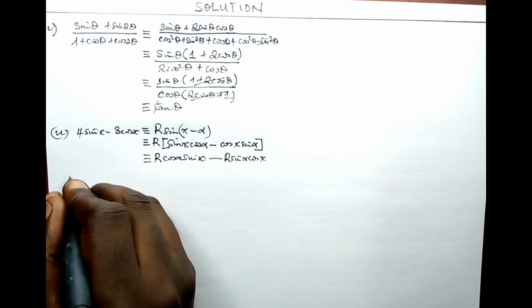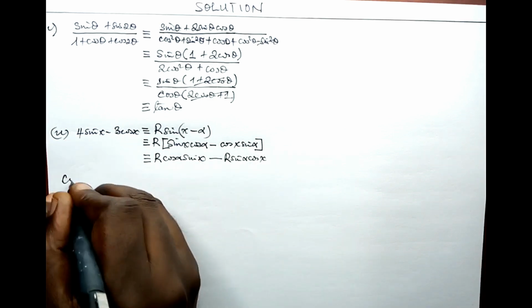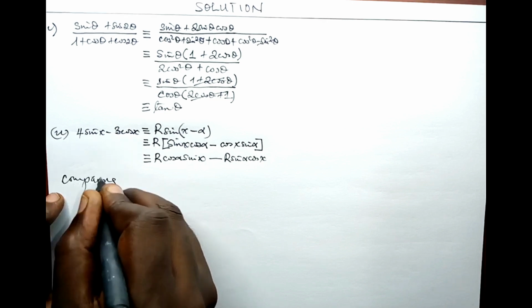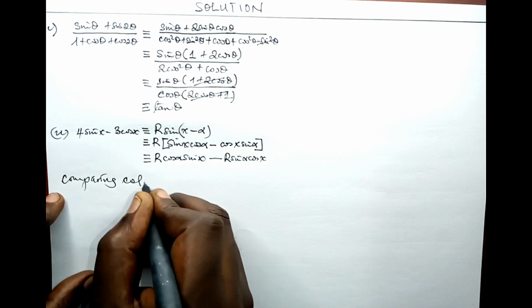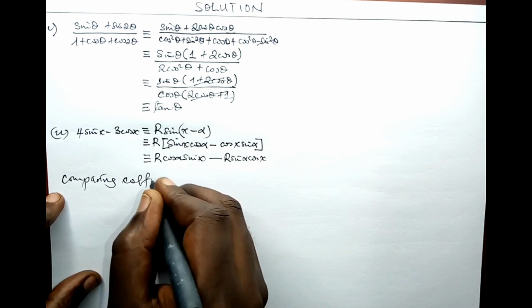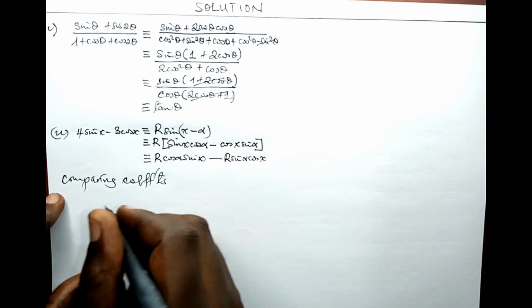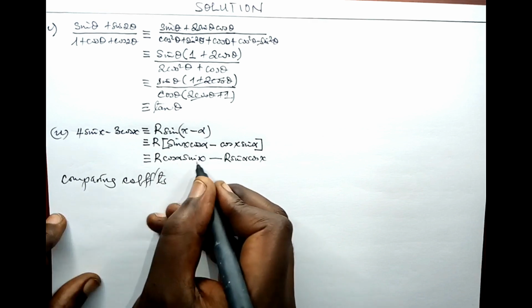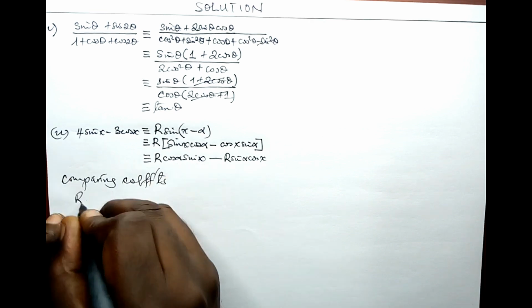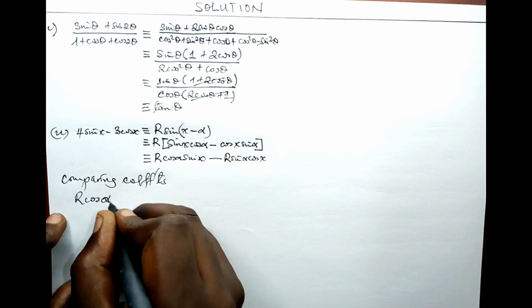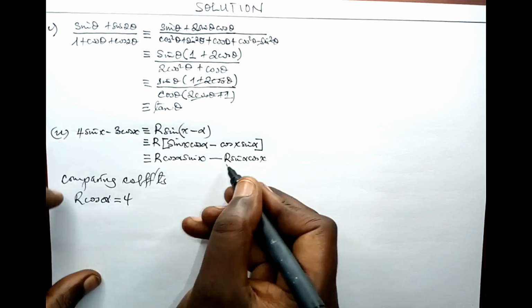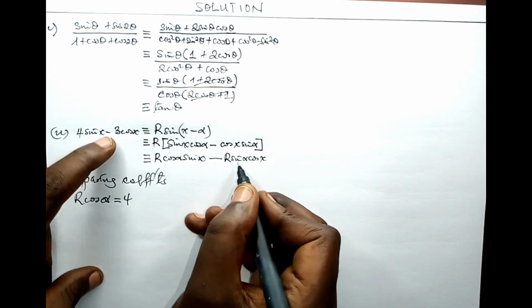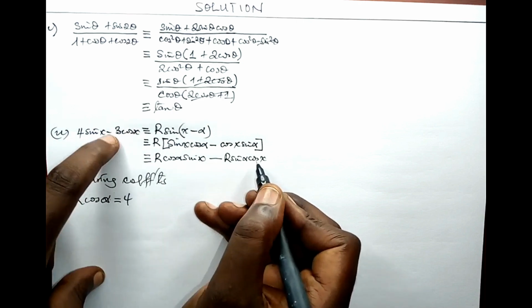And so I'll be comparing coefficients. I would get on this side the coefficient of sine x is r cos alpha, which corresponds to 4, and there is negative r sine alpha, the coefficient of cos x, which corresponds to negative 3.